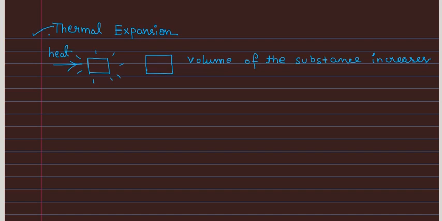But what is the molecular reason behind thermal expansion? Say I have some arrangement of atoms and molecules. When we provide heat energy to this system, the molecules start moving even faster. Their speed increases.